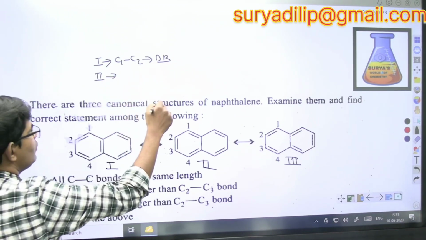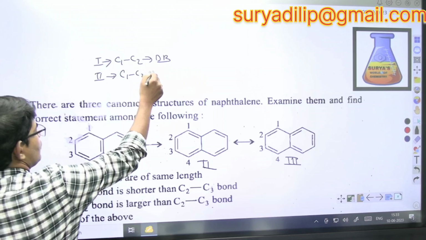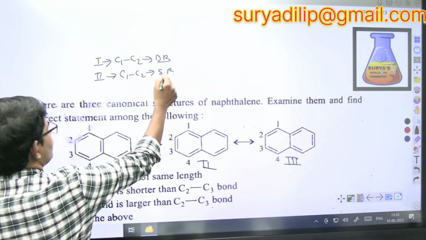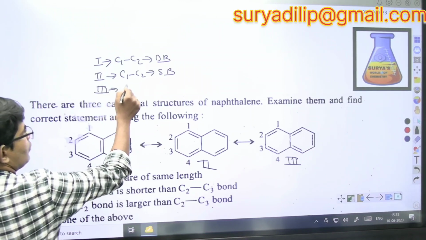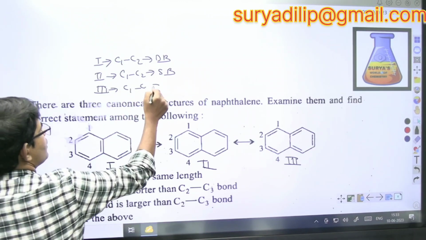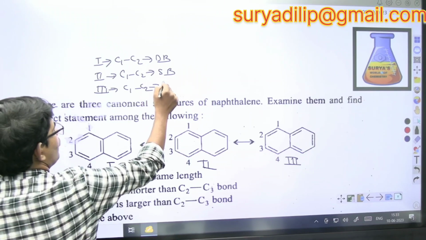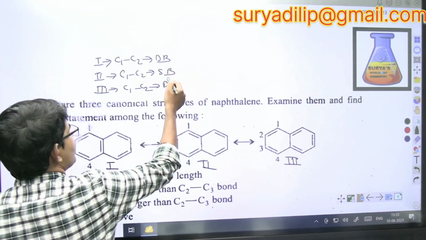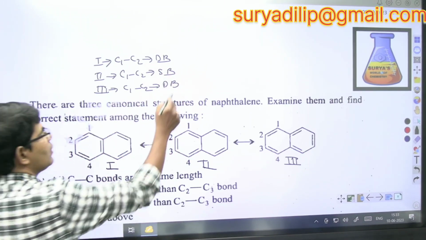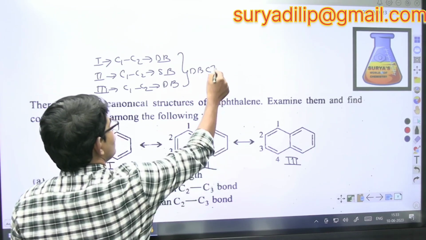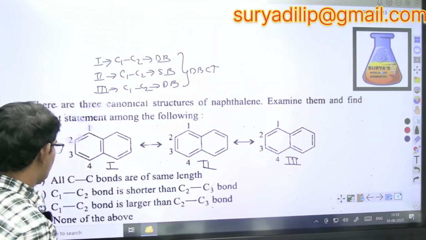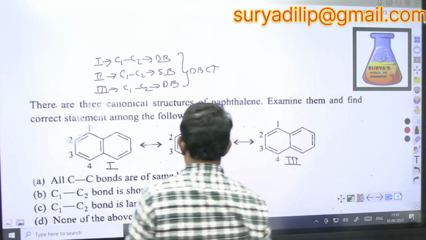In the second one, C1C2 is a single bond. In the third one, C1C2 is again a double bond. So you have double bond, single bond, double bond. So it's very clear that the double bond character is more. Let us check with C2C3.